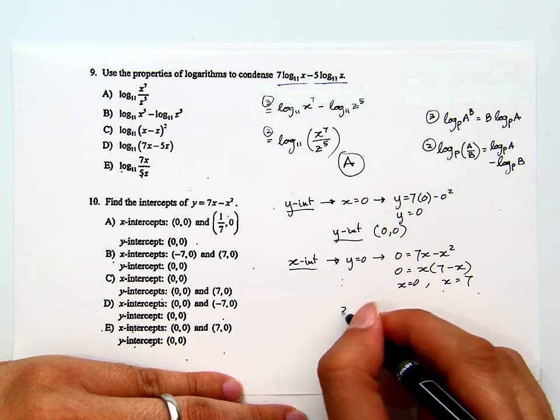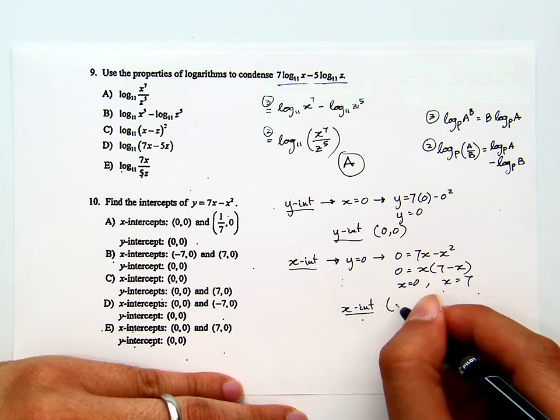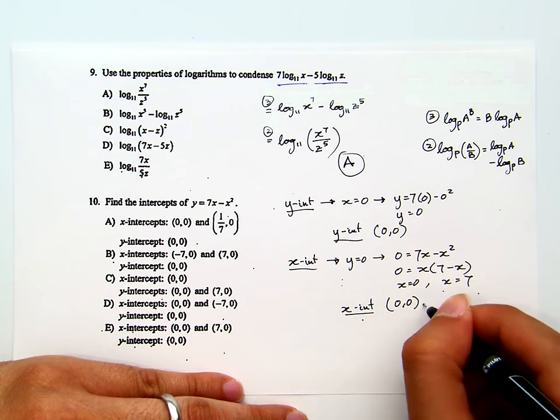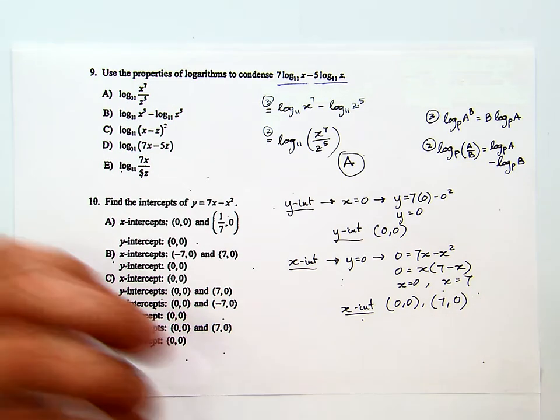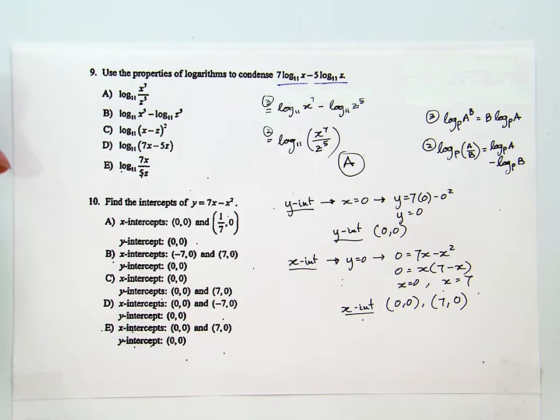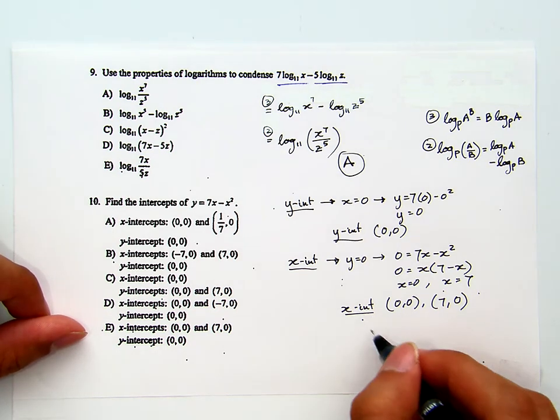In other words, the x-intercepts will be x equals 0 for y equals 0 and x equals 7 when y also equals 0. Now from here we see that the answer is E.